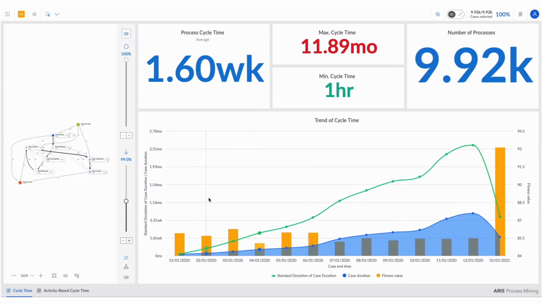And here we can examine the trend of cycle time with the standard deviation and fitness value throughout the year. We can observe that at the end of the year we have the maximum fitness value. Since we got more conformant processes, standard deviation of cycle time decreases as well, which means standardization is a convenient way of speeding up the process.